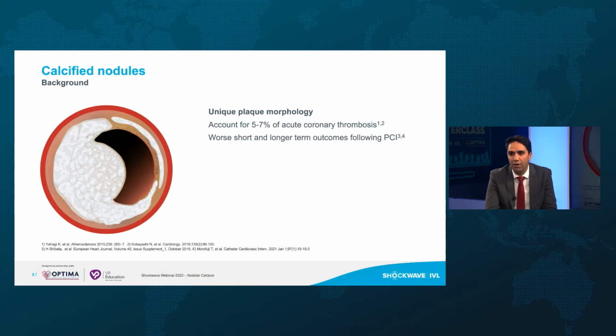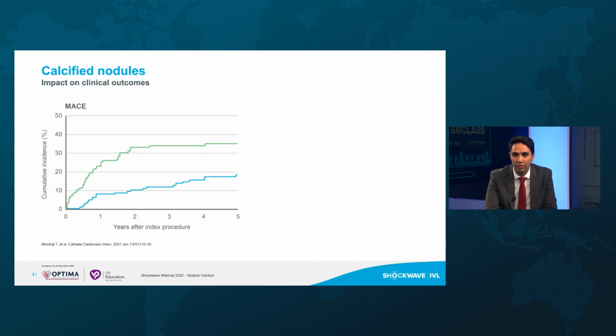So the background for calcified nodules is that they account for about 5 to 7% of acute coronary thrombosis. We know that patients with calcified nodules have worse short and longer term outcomes following PCI. It doesn't really matter which outcome you look at. If you look at major adverse cardiovascular events, patients with calcified nodules do significantly worse than those without.